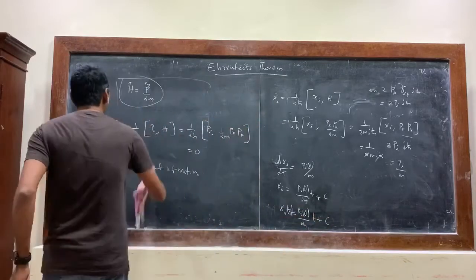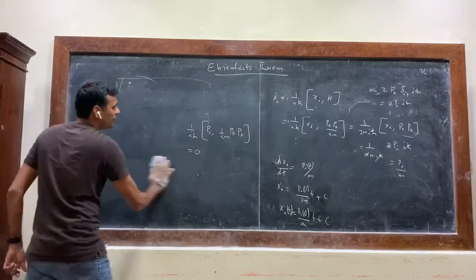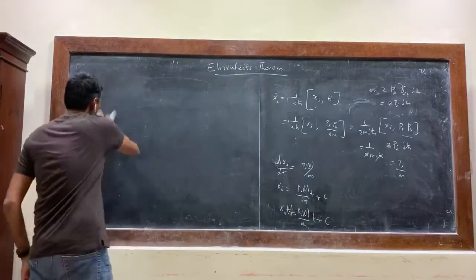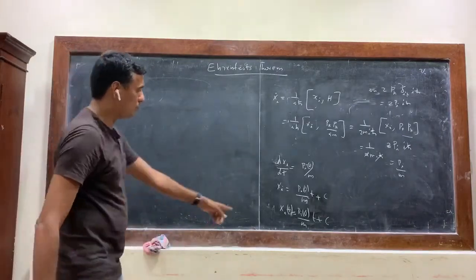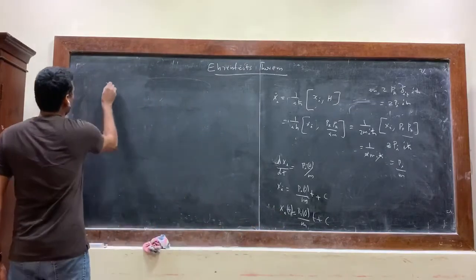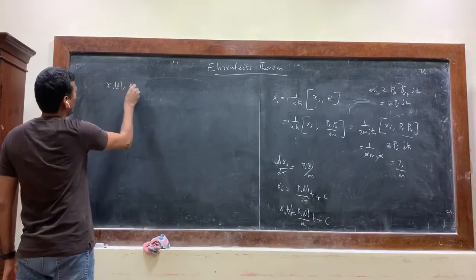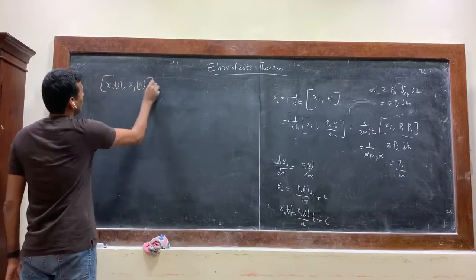Now, we know that the commutator of x_i(0) and x_j(0) is 0.